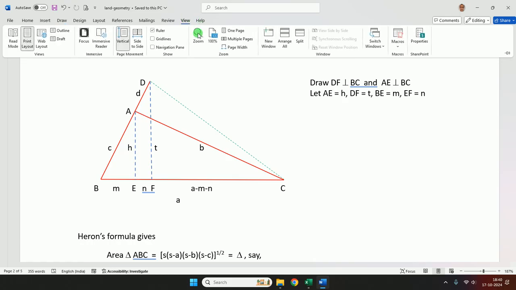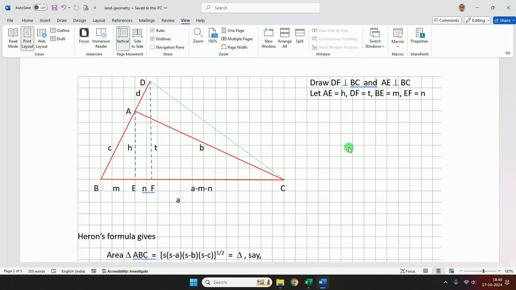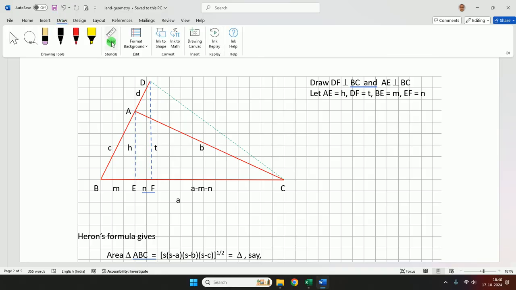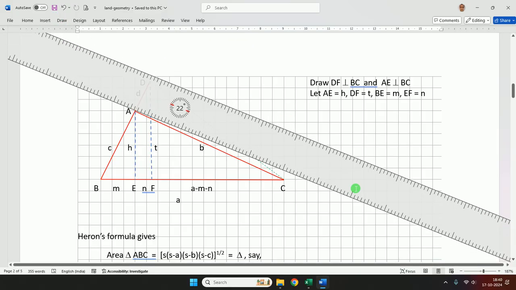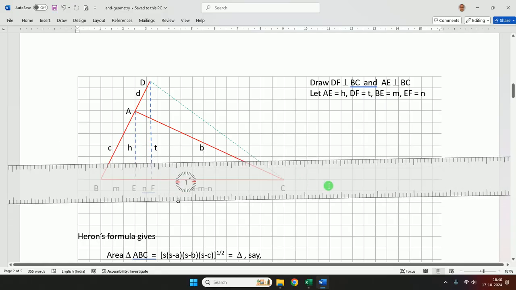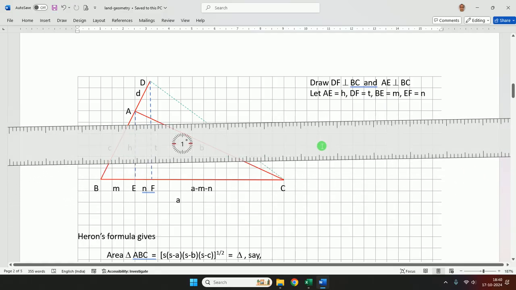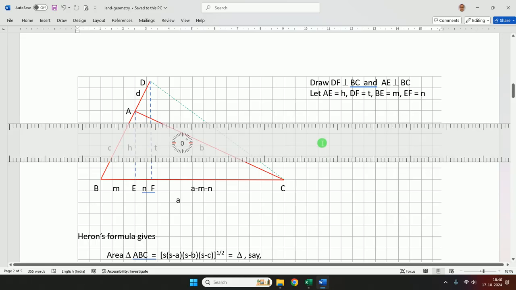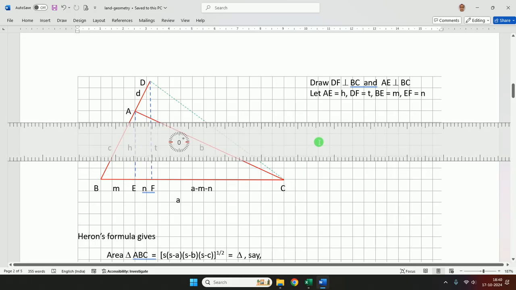First of all, let us use the grid line. So this is a centimeter grid, and now I use this ruler. If you see in the centimeter grid, if I put this ruler, 3 marks equal to 1 centimeter.